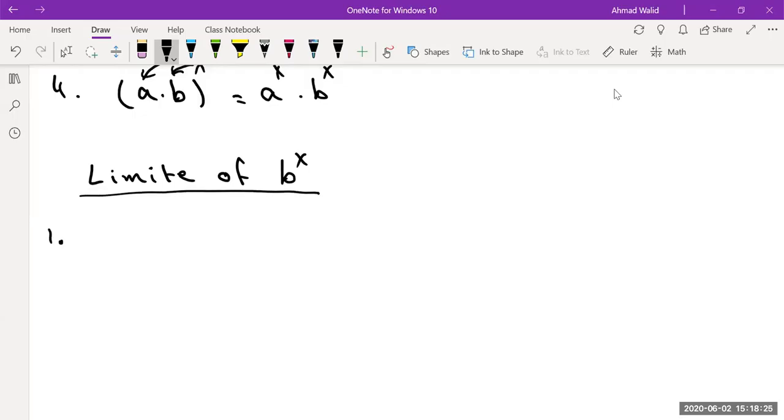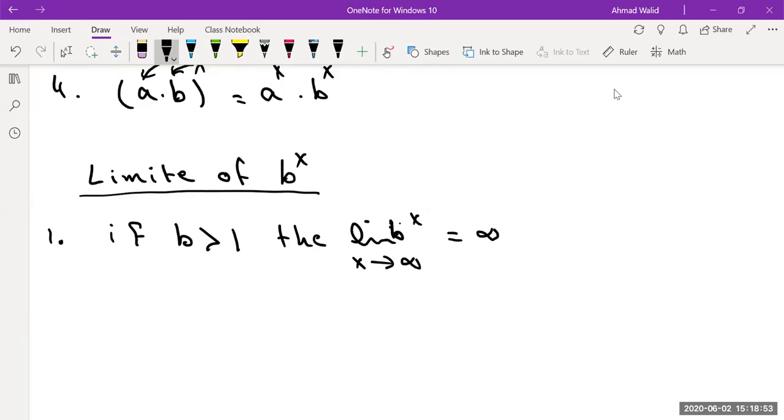Number 1, if b is greater than 1, then the limit of b to the power of x as x approaches infinity always gives you infinity.